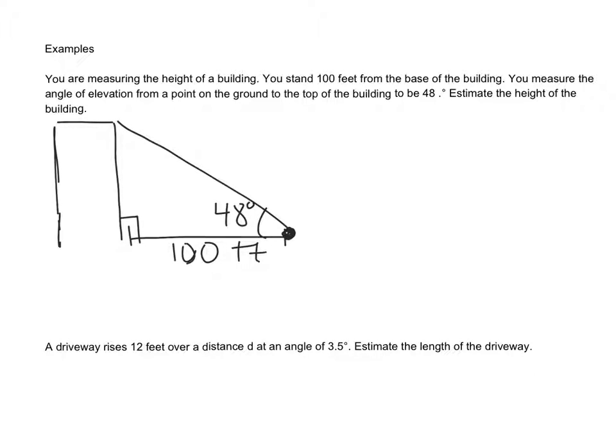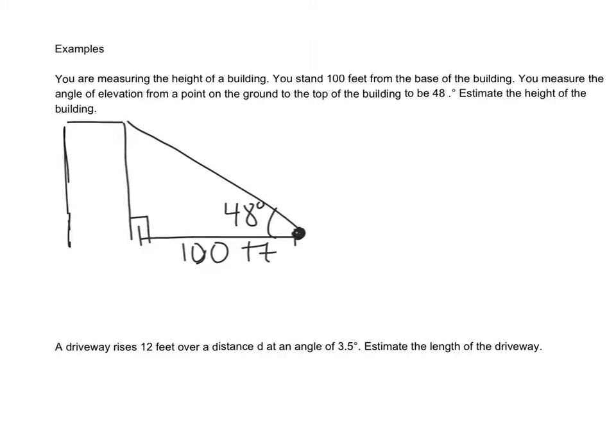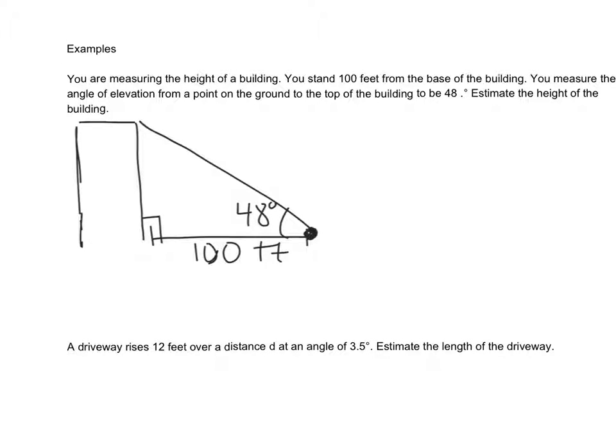So our distance from the building and then the angle of elevation to the top creates a right triangle. So if we want to find the height of the building, we're basically solving for one of the sides of our triangle. So figuring out opposite versus adjacent, we have the height of the building as the opposite side and the distance we're standing away from it being the adjacent side.